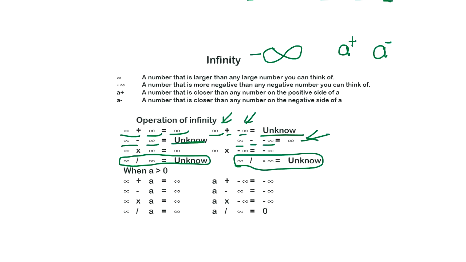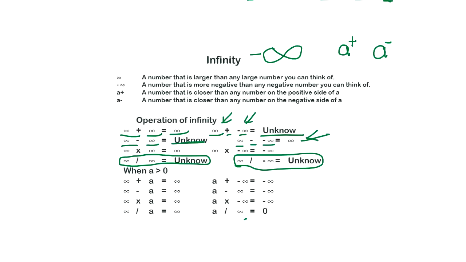Now, infinity plus a, you have to go through this. Infinity times a, infinity divided by a, no matter how you divide, infinity is infinity. If you divide a by infinity, it is 0.